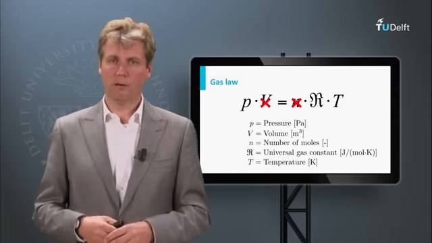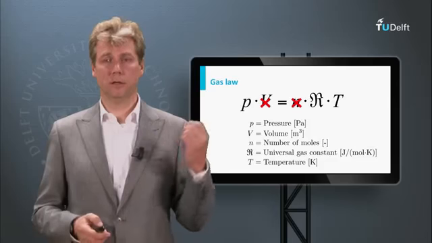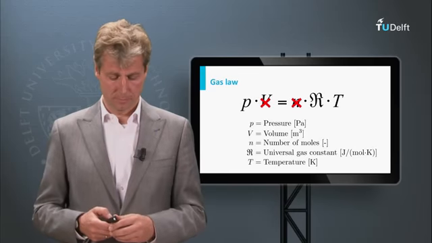And for this, we have a different gas law, which we will derive starting from our normal gas law. So the universal gas law is pressure times volume is equal to the number of moles times the universal gas constant, which I draw as a sort of curly R, times the temperature in Kelvin.